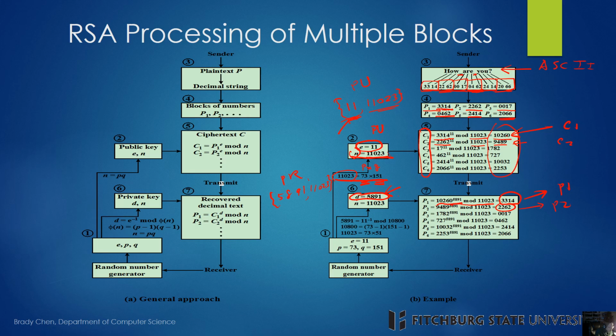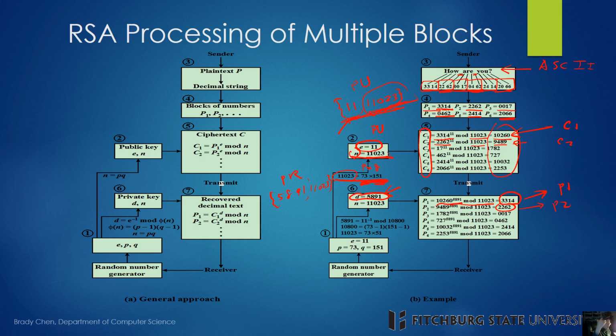Now the question is, if you actually publish this as a public key, 11 and 11,023, you may ask, well, if someone gets this 11,023, I can easily factor this number, right? Because I can use the math function to factor this number, and I can get these two prime numbers. What are these two prime numbers? 73 and 151.